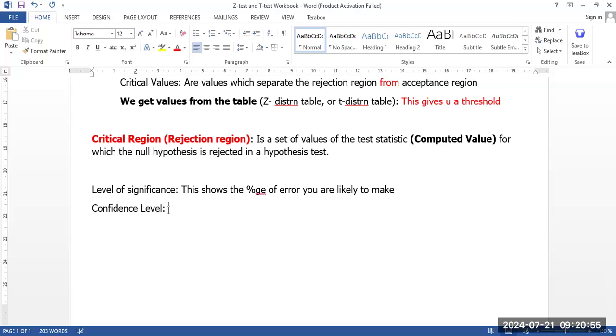Then the confidence level shows the percentage of accuracy.